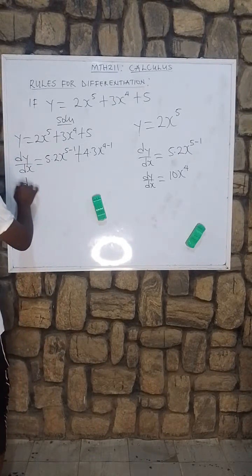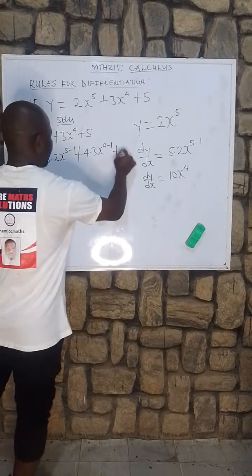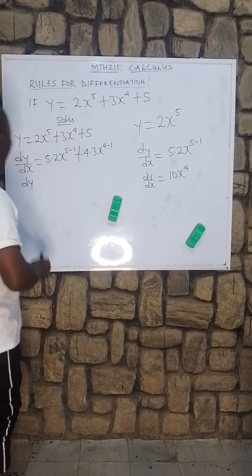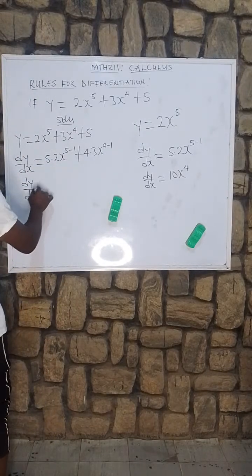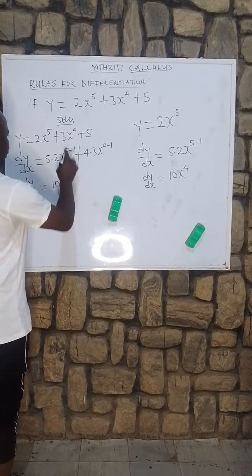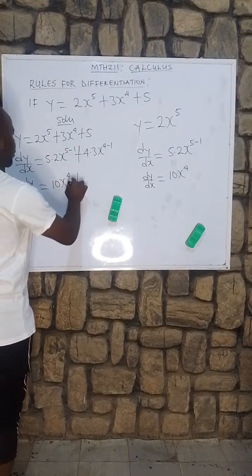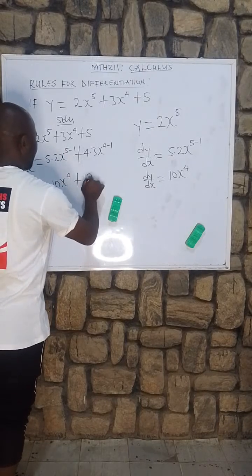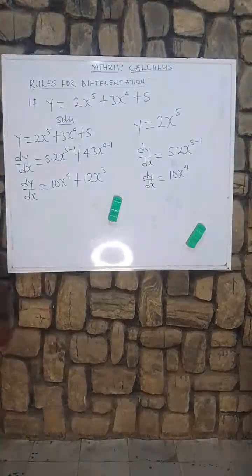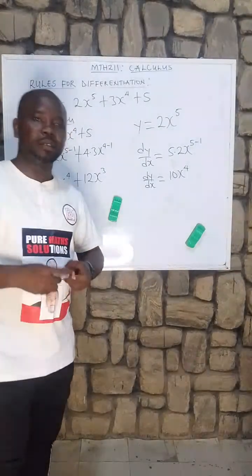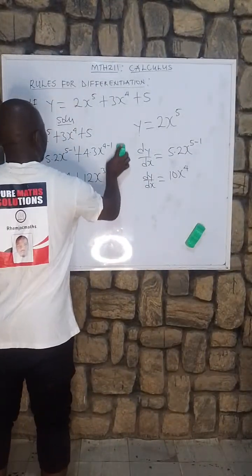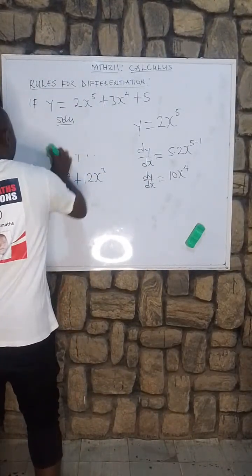So it is not necessary to write plus 0. If you want to write it, no problem. So dy all over dx is equal to 10x raised to the power of 5 minus 1, 4, plus 4 times 3, 12x raised to the power of 4 minus 1, 3. This is the answer. Is that clear? Okay? So far so good. That is that.